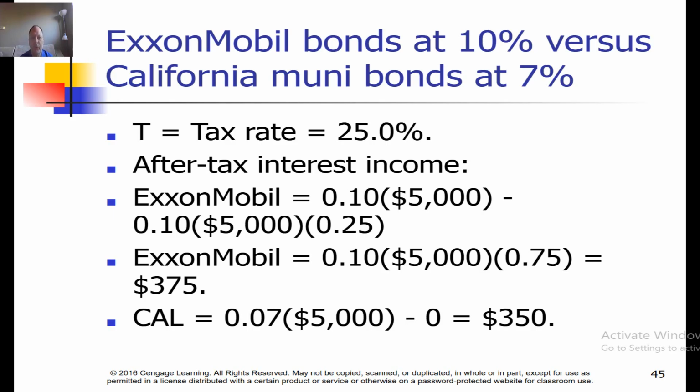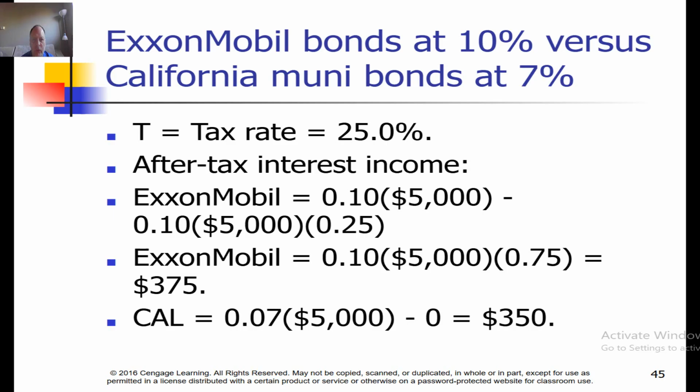If we were to do a comparison between an individual investor investing in corporate bonds versus government bonds, we could look at, for example, ExxonMobil bonds paying 10% versus California municipal bonds at 7%, and see what the after-tax return for this investor would be. For our example, the tax rate is 25%.